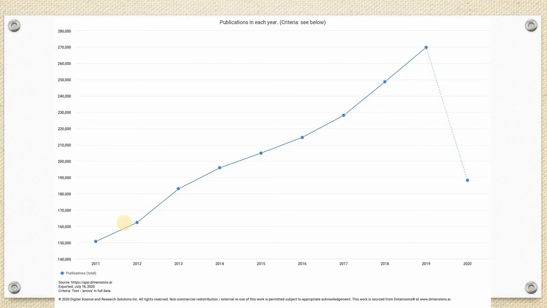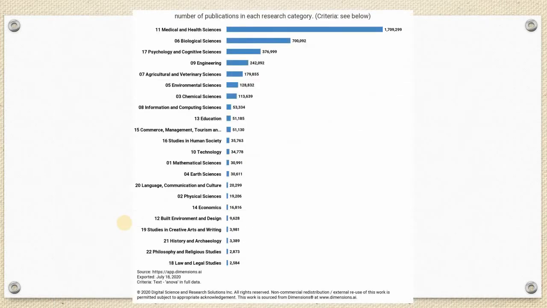So you can easily see that the use of ANOVA is growing day by day, and it is not only in a single field or two, it is in various fields, right from medical science, biological science, psychology and cognitive science, engineering, education, and some social sciences like human society, some art science, economics, history and archaeology as well, law and legal studies.